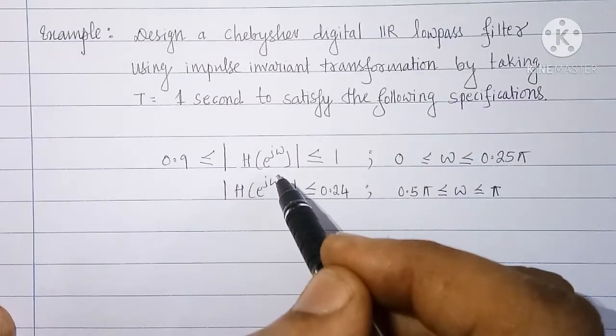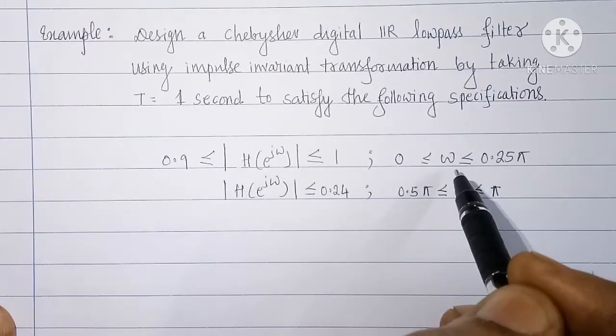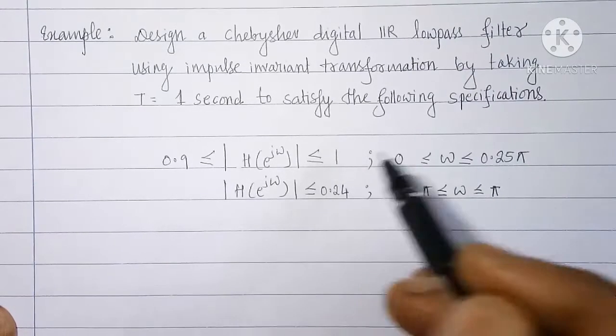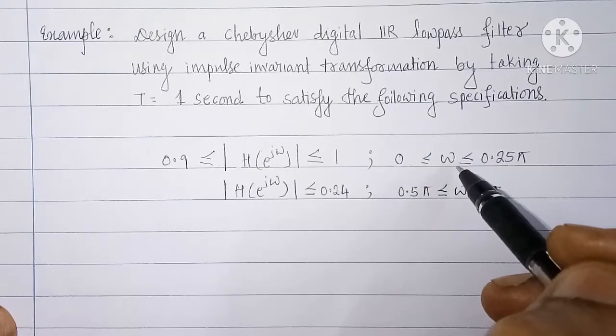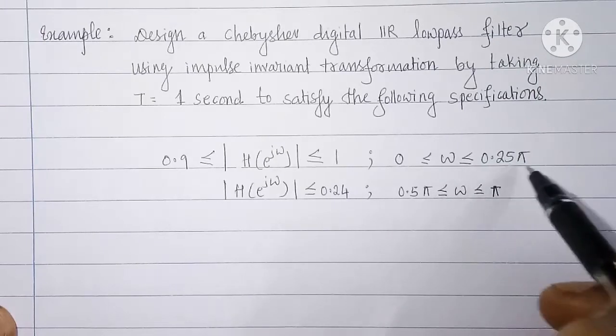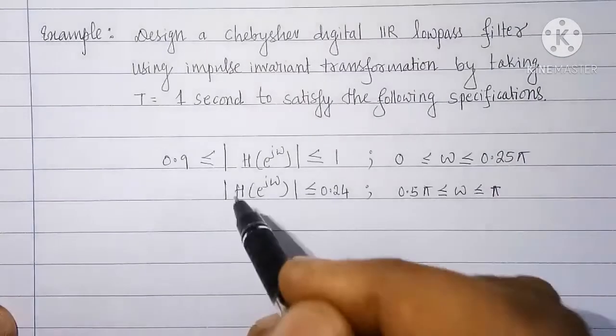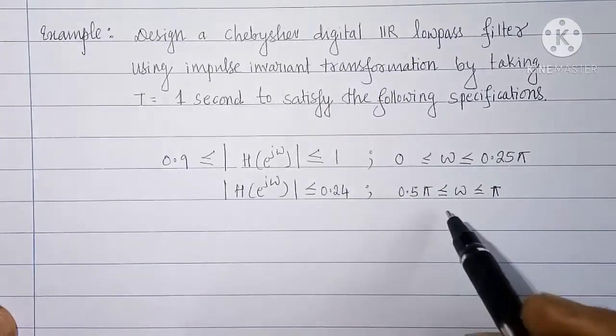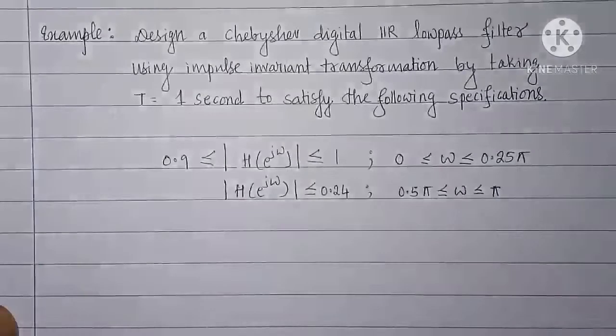The magnitude in the passband varies between 0.9 to 1, whereas the width of passband is 0 to 0.25 pi, and the magnitude is less than 0.24 in the stop band.